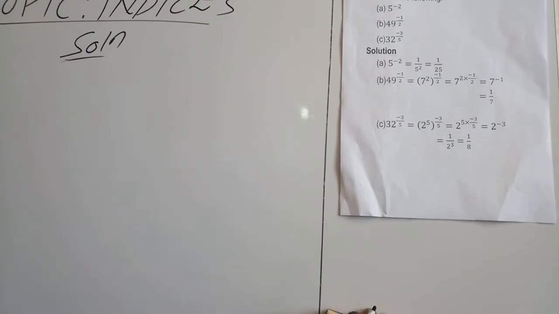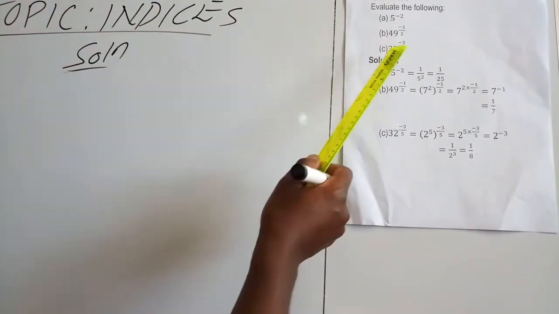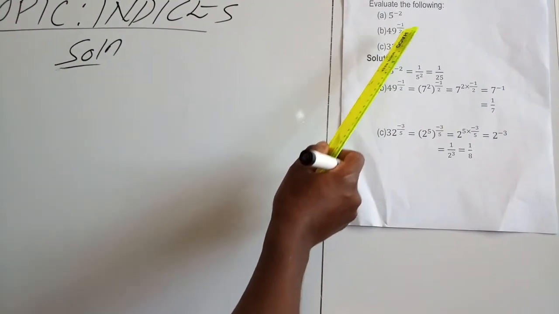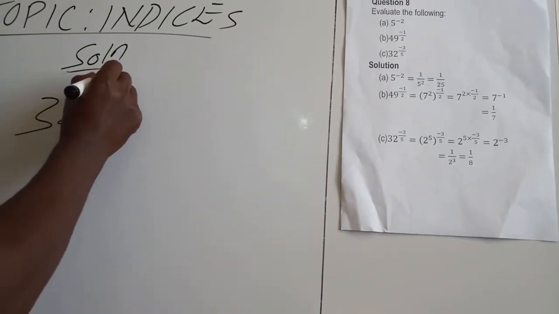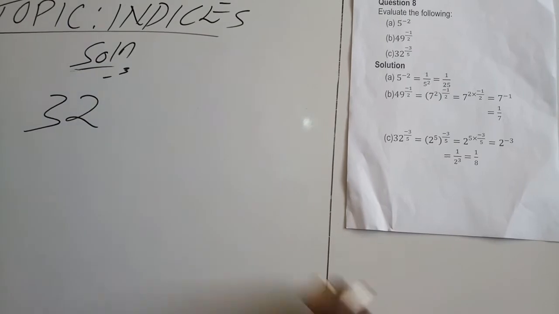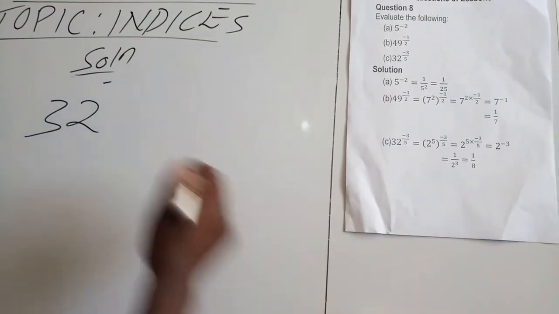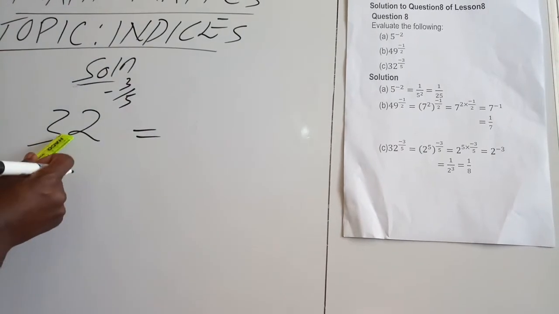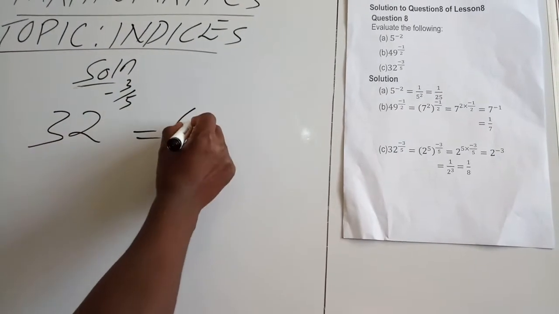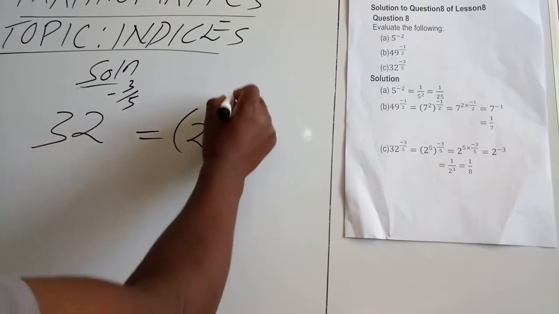Now quickly to our last question. The question is 32 raised to power negative 3 over 5. Now 32 on its own in terms of base 2 is 2 power 5.